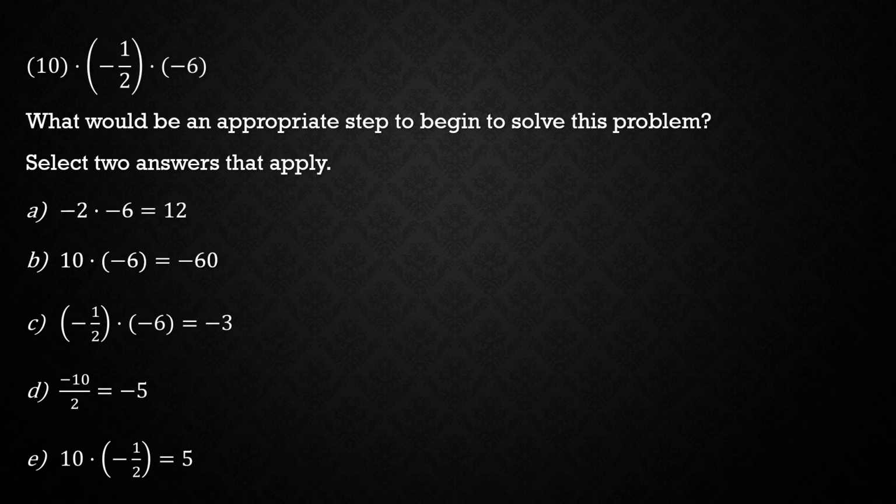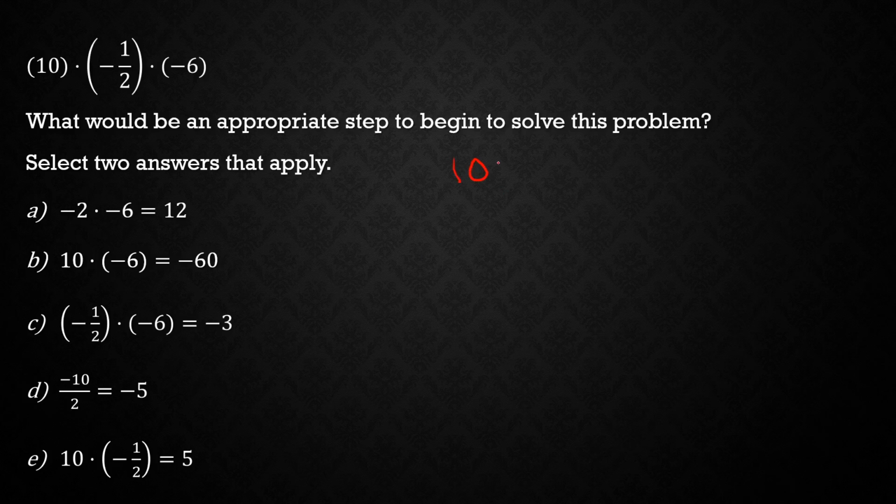Our next question is 10 times -1/2 times -6. We want to know what would be an appropriate step to begin to solve this problem. Select 2 answers that apply. Remember that when you are multiplying, the order in which you multiply your numbers doesn't matter.